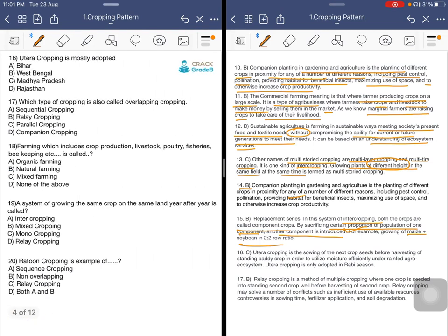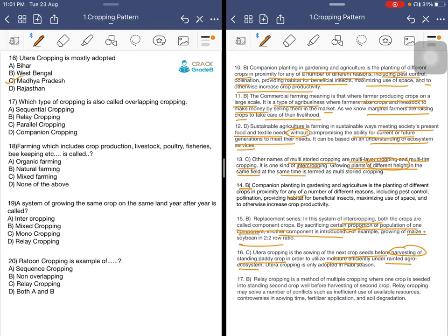Next, Utera cropping is mostly adopted in which state? Okay, the answer will be Madhya Pradesh. What is Utera cropping first? Utera cropping is sowing the next crop's seeds before the harvesting of the previous standing paddy crop, in order to utilize the moisture efficiently under a rain-fed ecosystem.